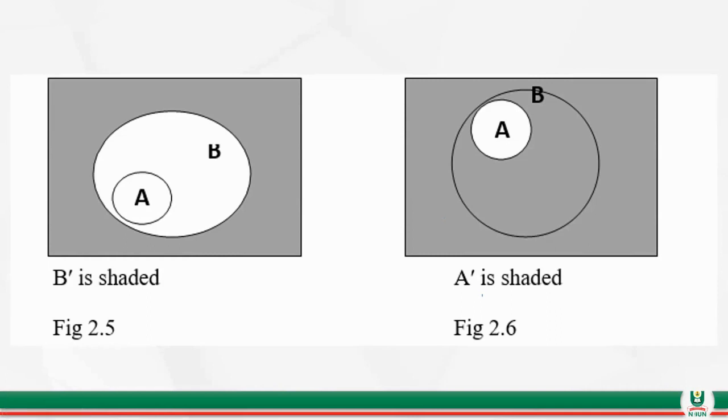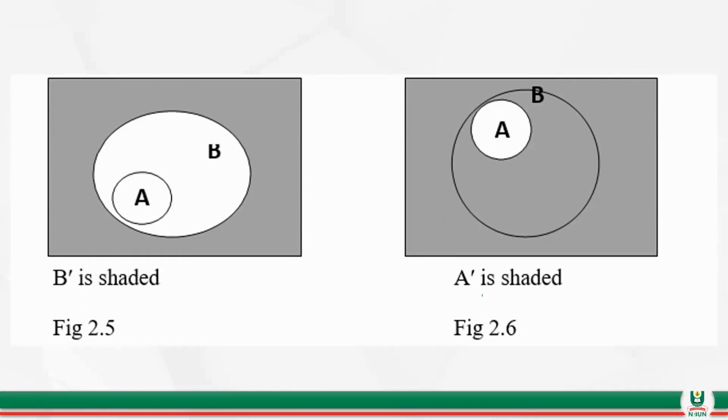Thank you for your comprehension. Go to figure 2.6 now. Are you in 2.6 now? Yes, sir. We want to look at A complement now. A is a smaller set than B. A is contained in B. So everything outside A now, or complement of A now, is the shaded portion you are seeing.